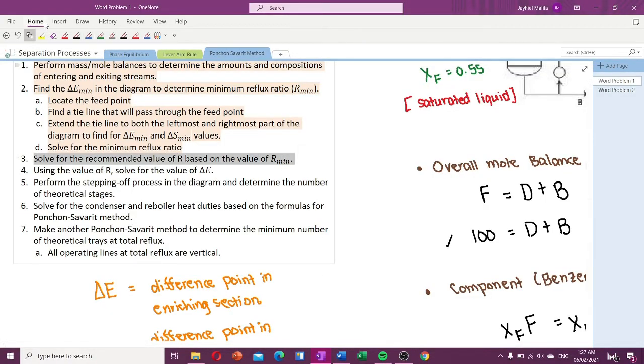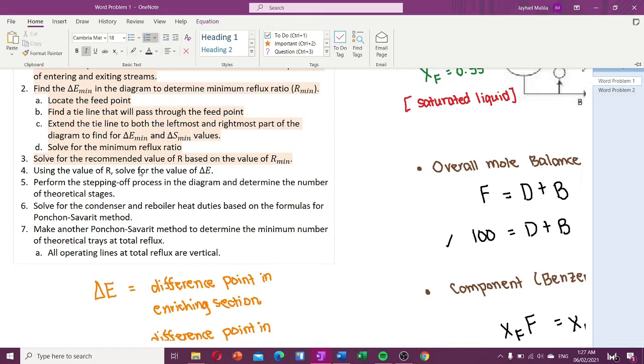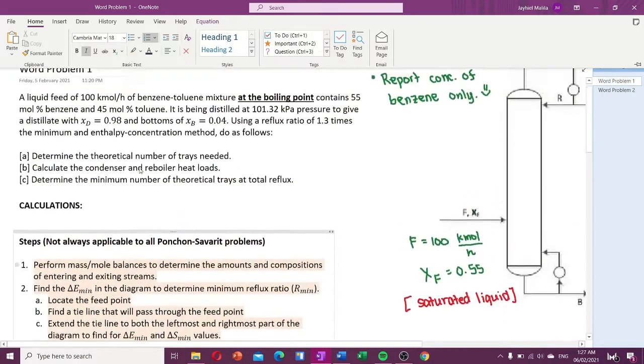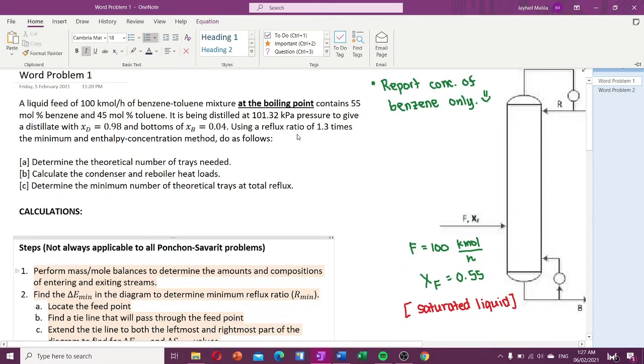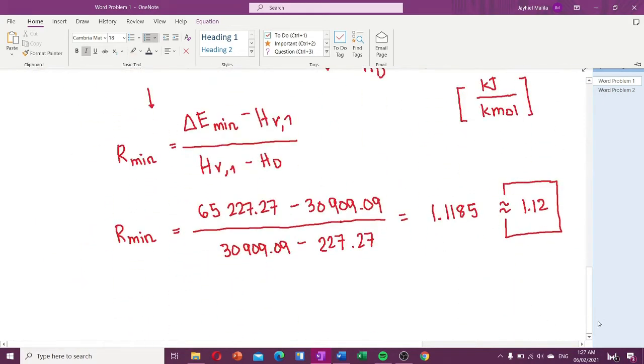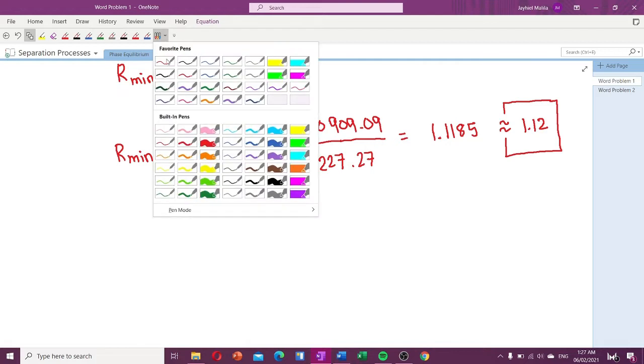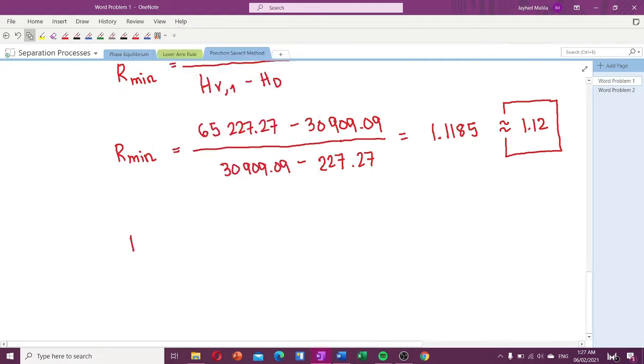So let's solve for the recommended value of R. It was stated in the problem that the reflux ratio is 1.3 times the minimum. R is equal to 1.3 times the minimum reflux ratio.